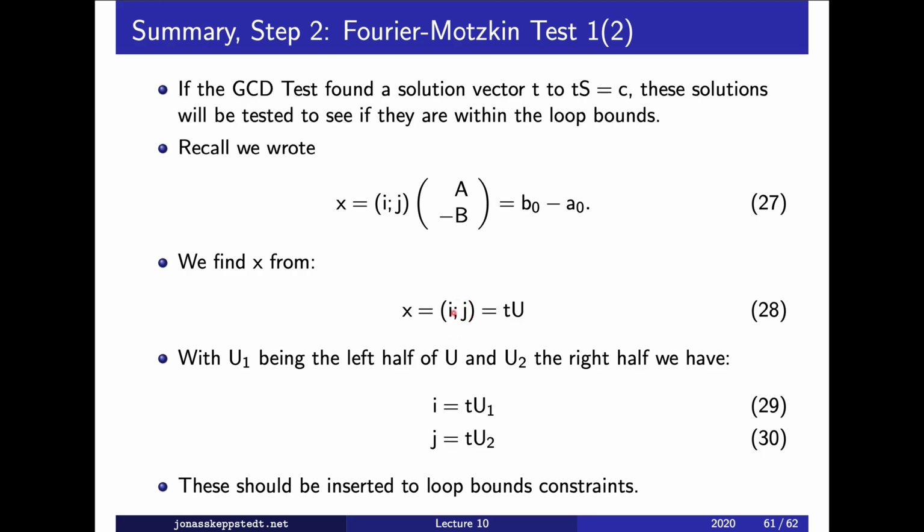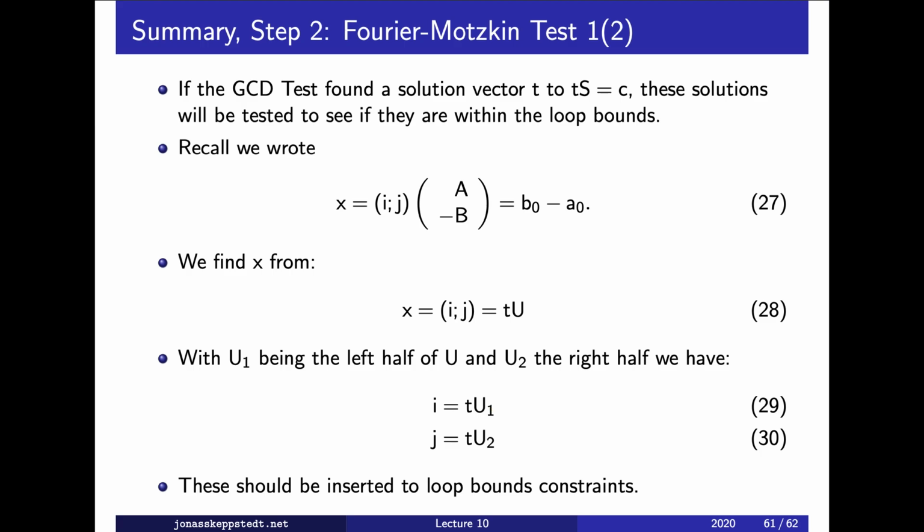The first left part of X is the index variables of one of the references, and the second half is for the other reference. So we want to express the index variables for each reference using T and the unimodular matrix, which we can do like this.